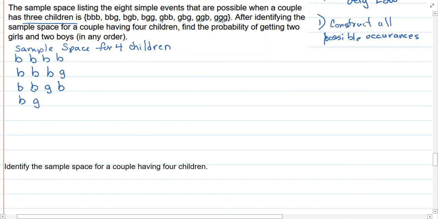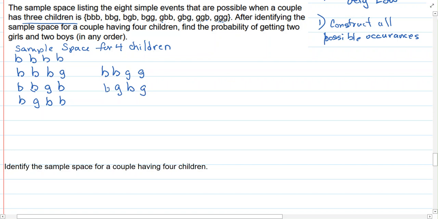Boy, girl, boy, boy. All right. So now I have had boy as the first element. So I'm going to do another boy where we have 2 girls. So we're going to have boy, boy, girl, girl. Then I'm going to have boy, girl, boy, girl.